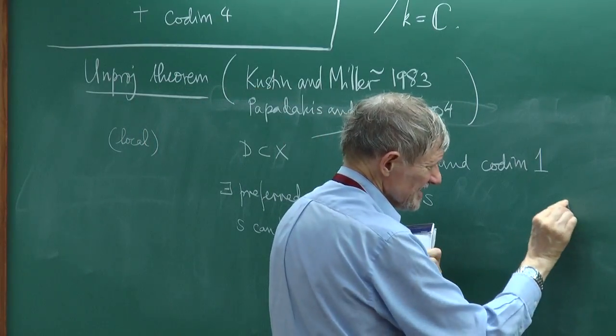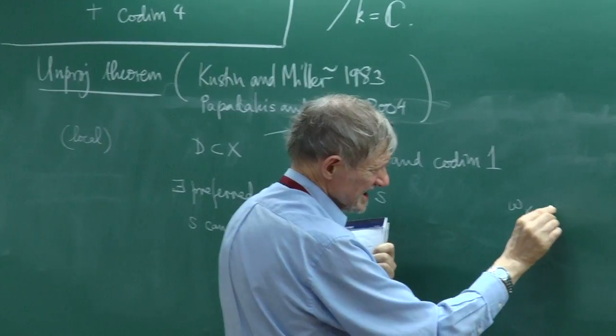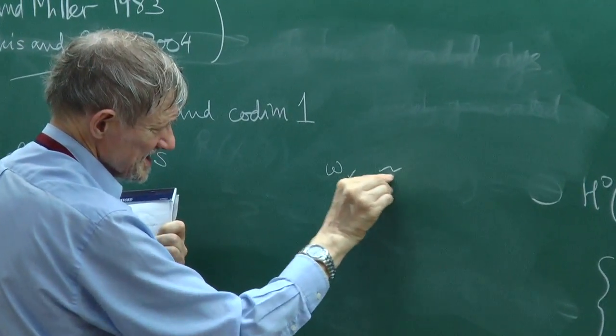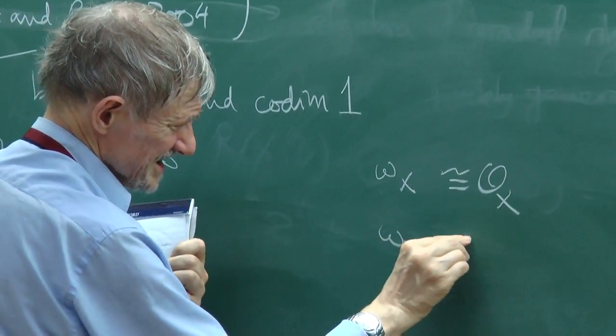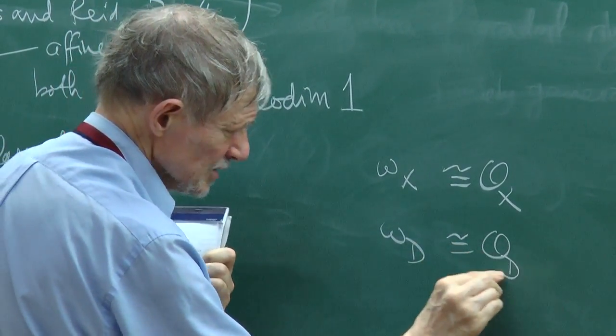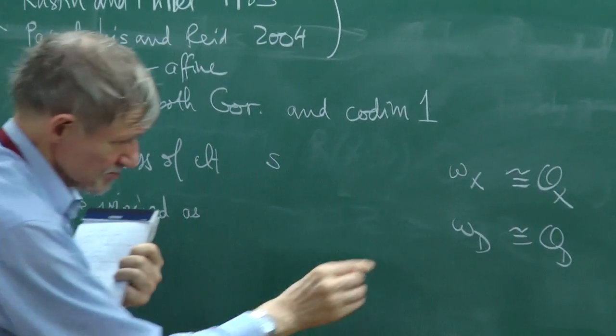I've got omega X is locally free, and so is isomorphic to OX. And omega D also is isomorphic to OD. Right? So these are assumptions.